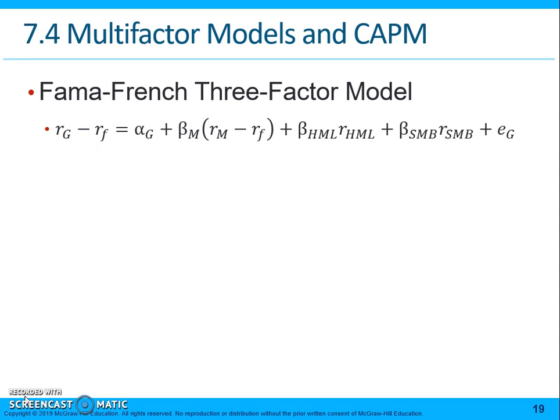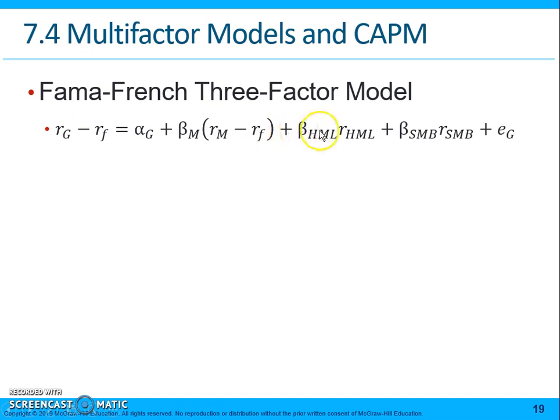So in this example of the Fama-French model, we're talking about Google again. So the return on Google minus the risk-free rate, or the risk premium associated with Google, is equal to the alpha for Google plus the beta of the market multiplied by the market risk premium.